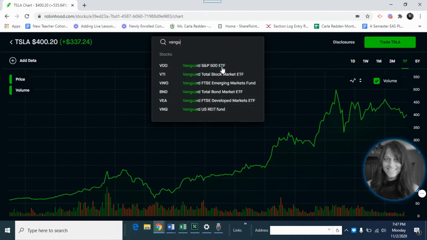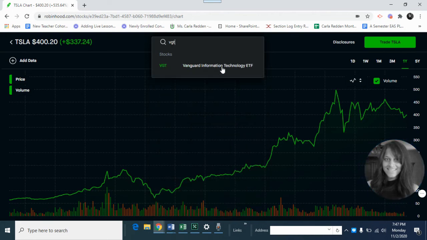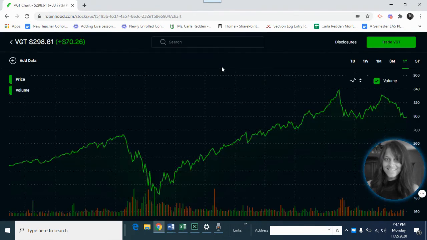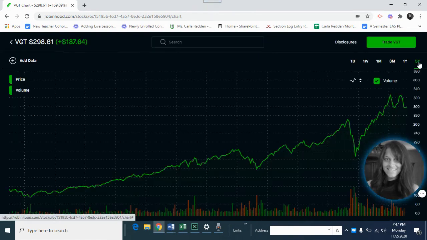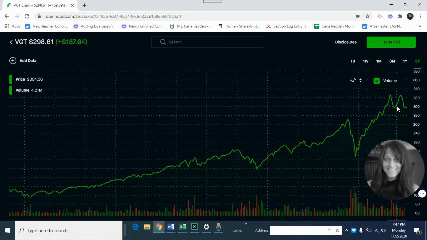Some people will invest in those because they know people are investing in them for their retirement. It's these funds right here. Overall they move upward, not as dramatically as other companies, but you can see the direction is up.